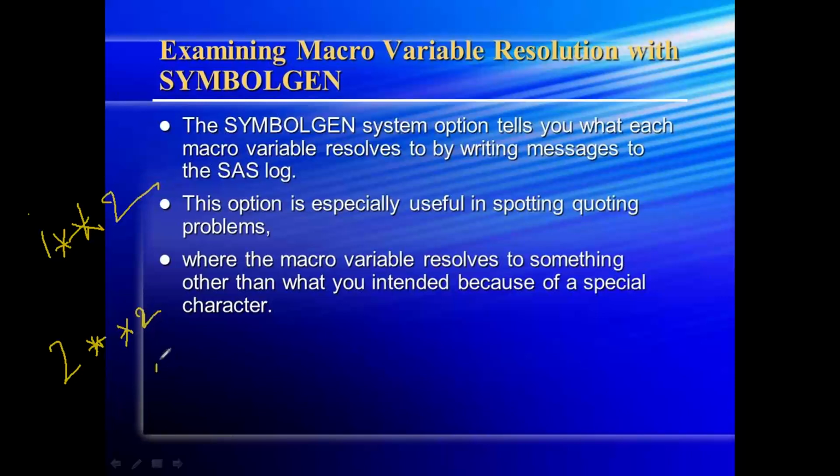If it is 3, how it gets resolved is what it will be checking. Square, cube, and so on, all that it will be converted into. That's how symbolgen works. We have a few more options as such, but these are the common options used in the debugging part.